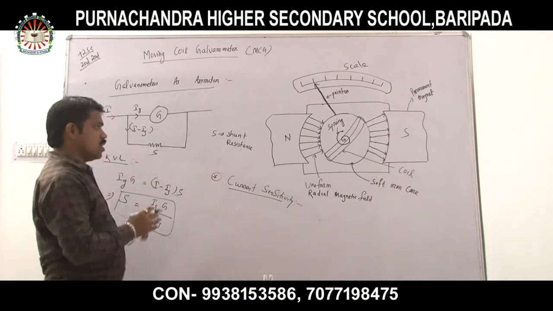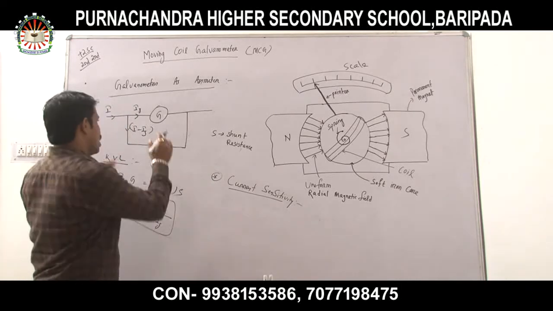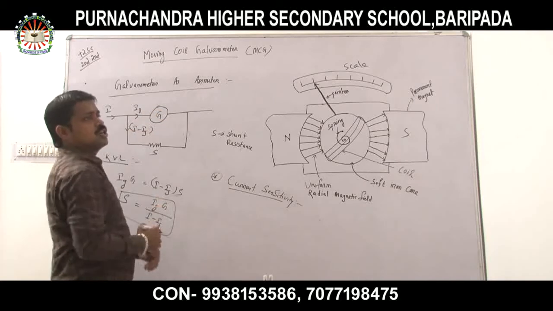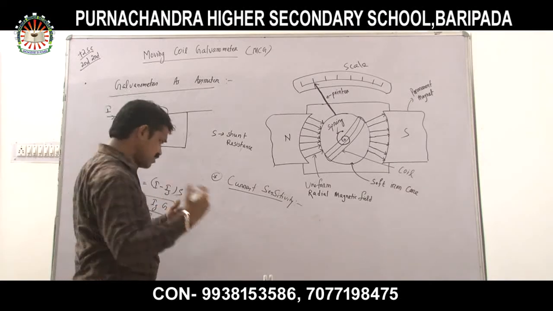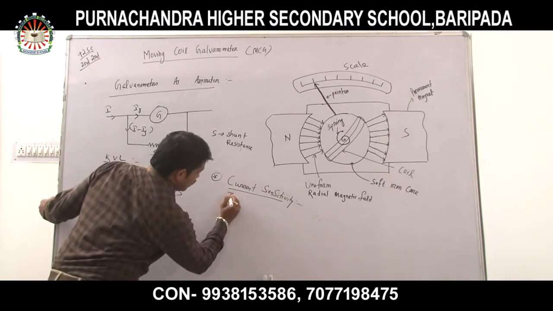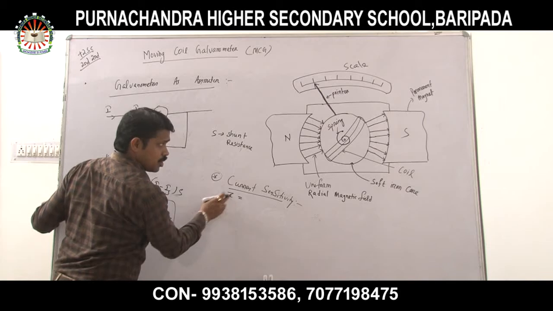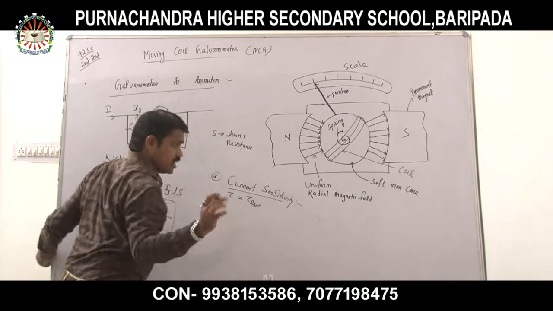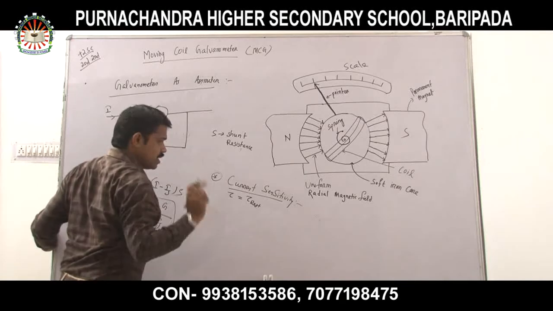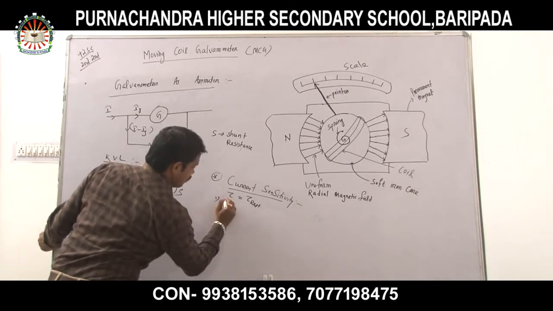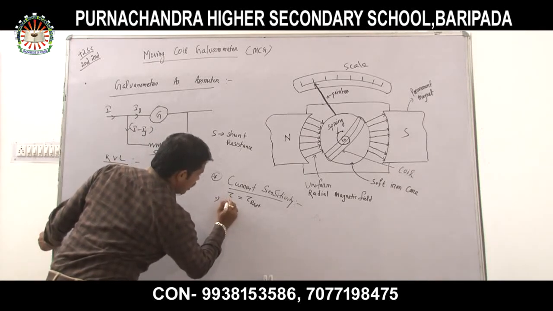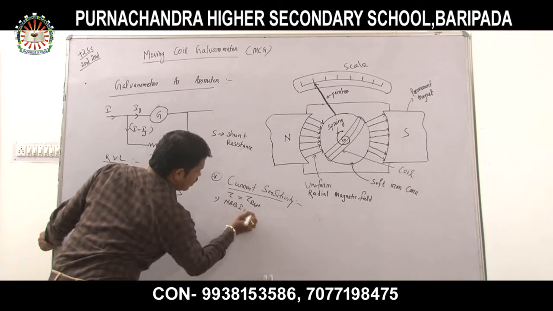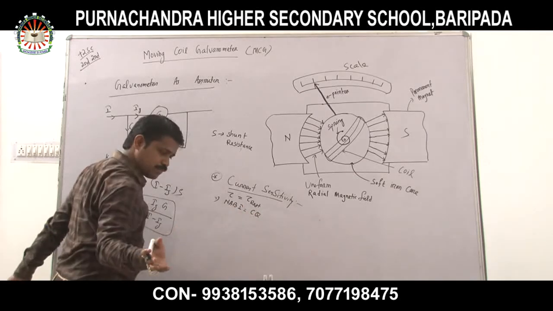So let us know what current sensitivity is. Previously, in the principle of the galvanometer, we know that the torque produced in the coil must be equal to the restoring torque produced in the spring in equilibrium condition. So from this we get NABI is equal to C theta.